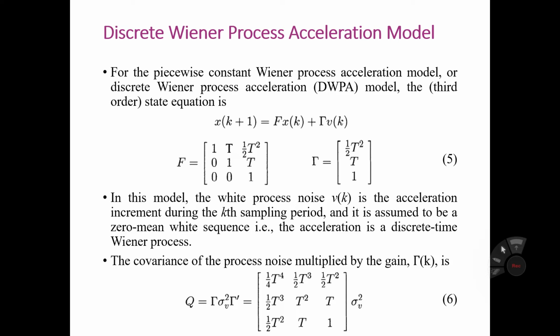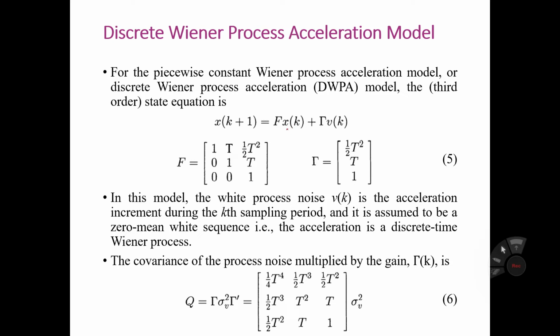Another type is the Wiener process acceleration model, which is a three-dimensional kinematic model, and this is the same as the previous equation, just the dimension is now 3.